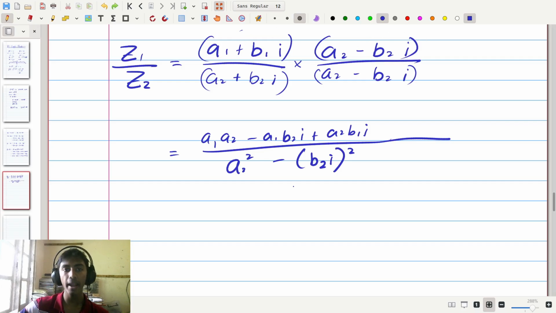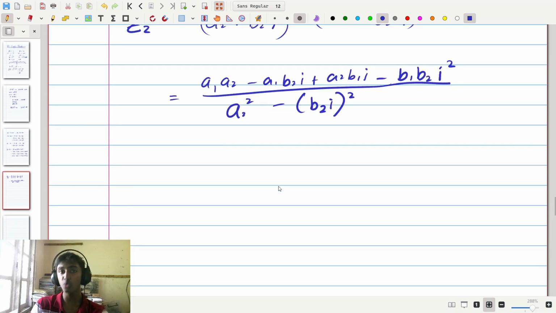So we're going to have minus b1 times b2 times i, which is i squared. So we're going to have minus here, b1 b2 i squared. Now as we know, i squared is equal to negative 1.